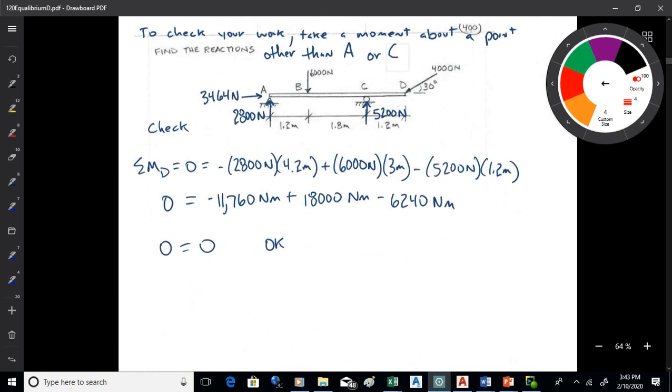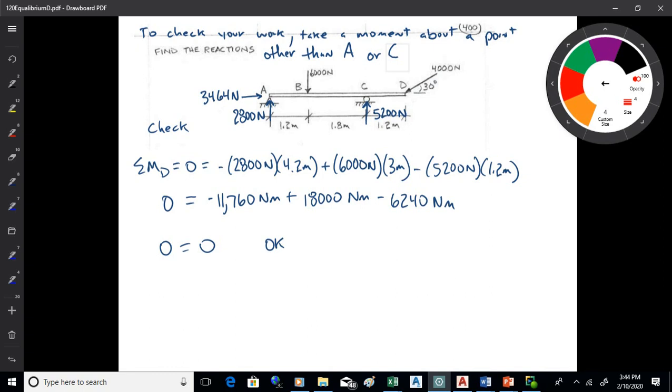Now if I want to check, I could take a moment about a point other than A or C. A moment about any point on the object or off the object ought to be 0. To check it, I just took a moment about D. That included both of the reactions in the equation, which allows me to check them. I might have a little bit of rounding error, but I don't think I did on this one. If you get a small answer that isn't exactly 0, I wouldn't get too worried about it if it's small compared to the applied forces.